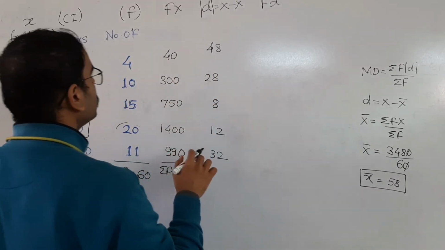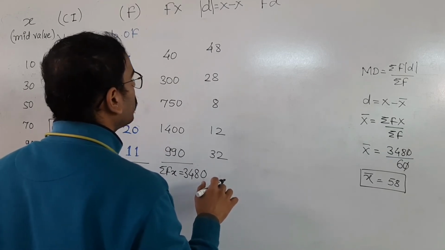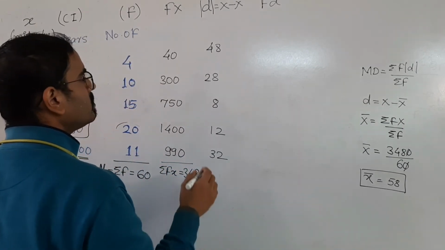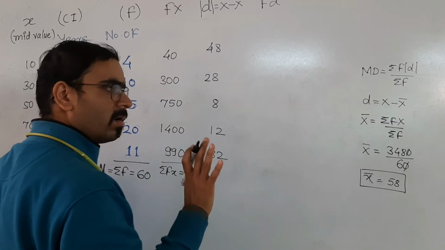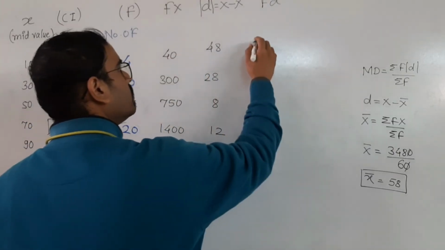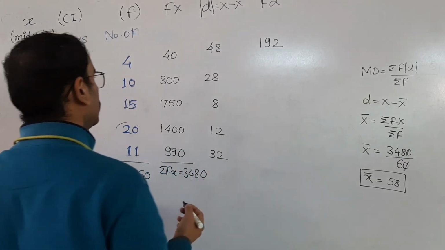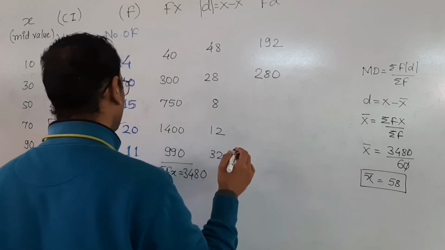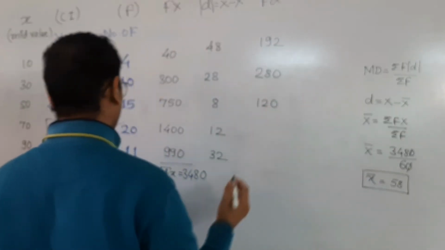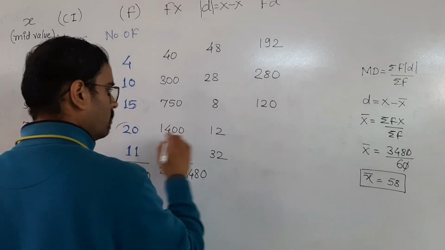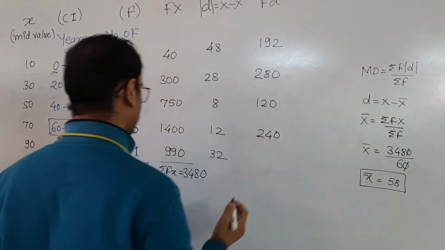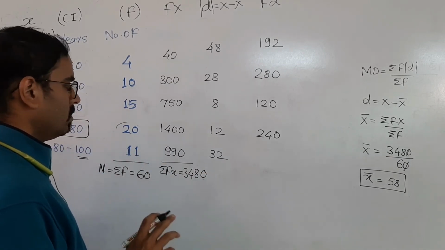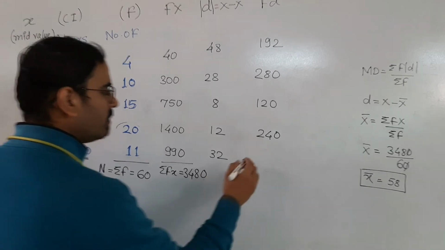Let's see what we get. 48 into 4. 48 into 4 means 50 into 4, 200, minus 8, that is 192. 280. 15 into 8, 120. 20 into 12, 240. And 32 into 11. 320 plus 32, 352.